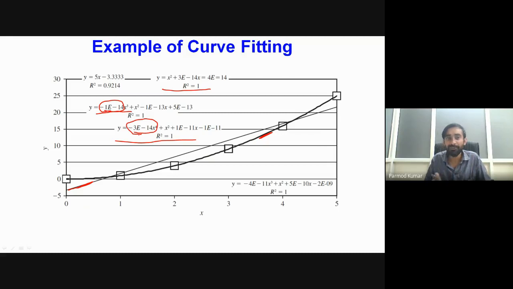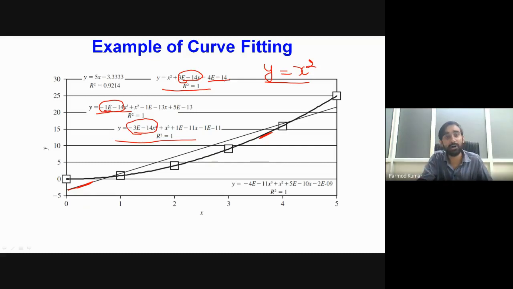However, in actual practice, the nature of the curve shows that your data points follow only the simple equation y equal to x square, because here also, when we take the quadratic fit, the term corresponding to x has a coefficient of 3 into 10 to the power minus 14, and the constant is 4 into 10 to the power minus 14. So clearly we have the equation y equal to x square.